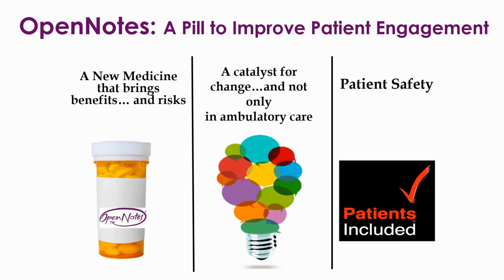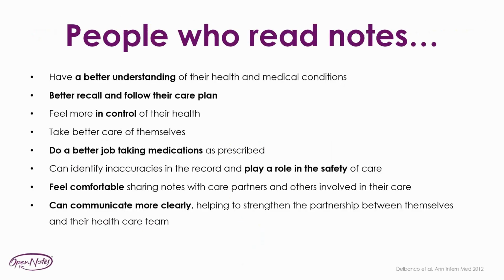And with the next slide, this kind of just summarizes what we talked about. Patients have a better understanding, feel more in control of their care. They can identify inaccuracies and play a role in the safety of their care.